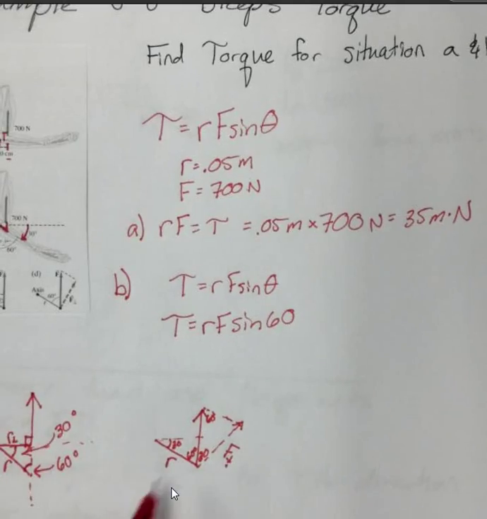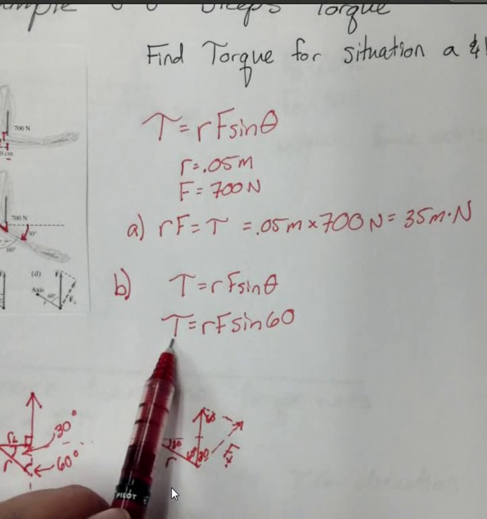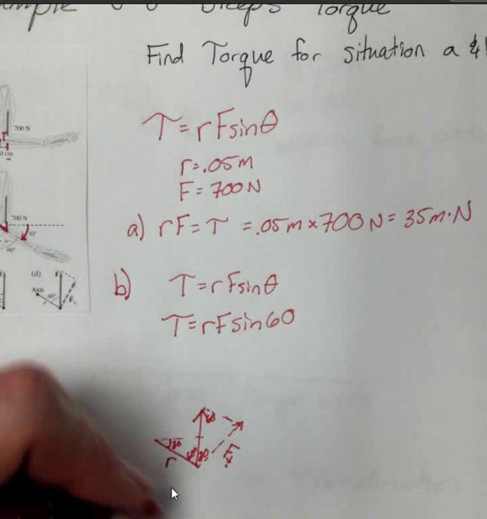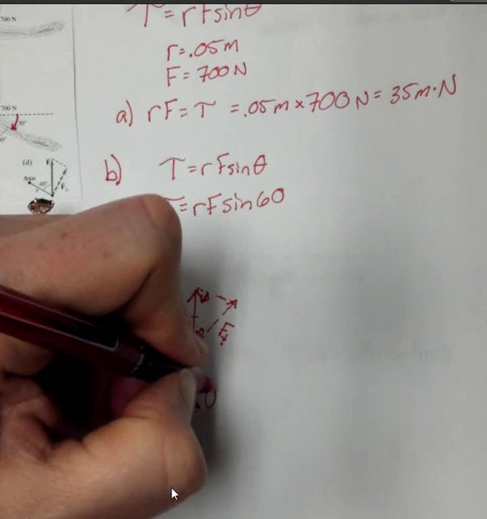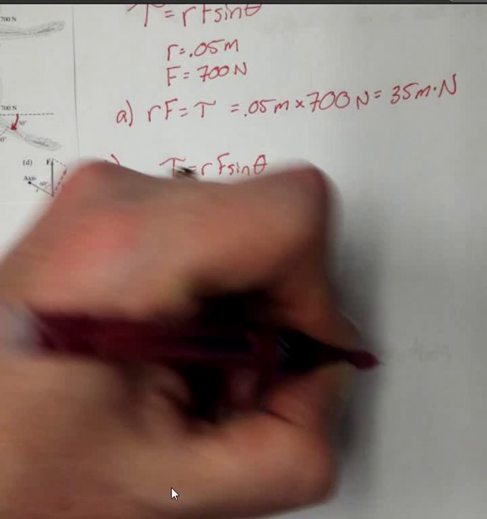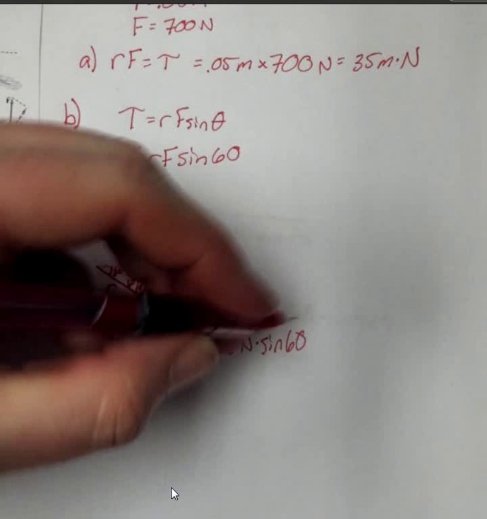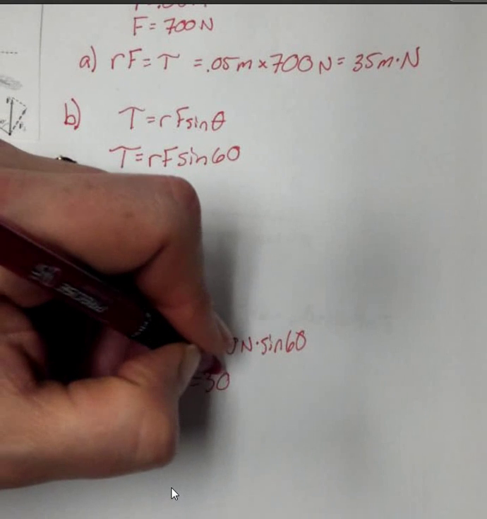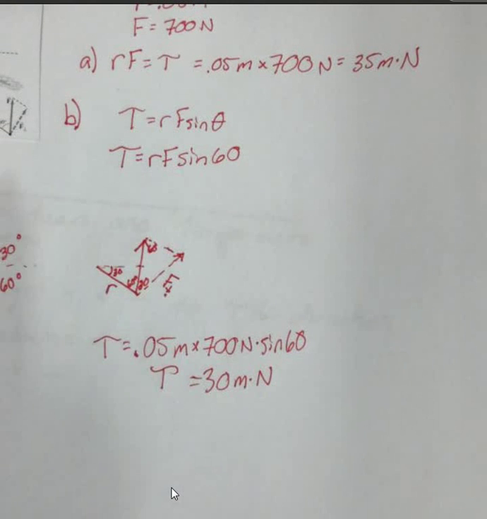So whether we're looking for the perpendicular component of the force or the perpendicular lever arm, we end up with sine of 60. And we can find the torque is RF sine 60, so that means it's going to be 0.05 meters times 700 newtons times the sine of 60, which gives us the value of 30 meters times newton. And that's what our torque equals for part B when it's dropped below.